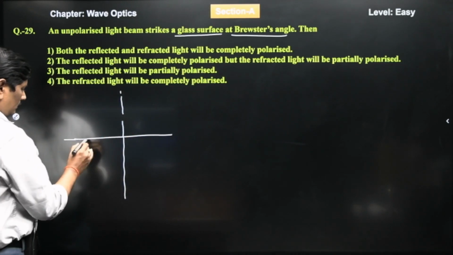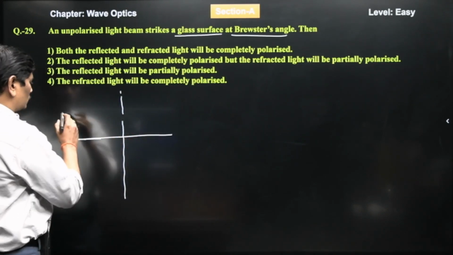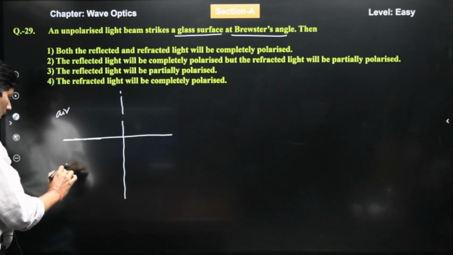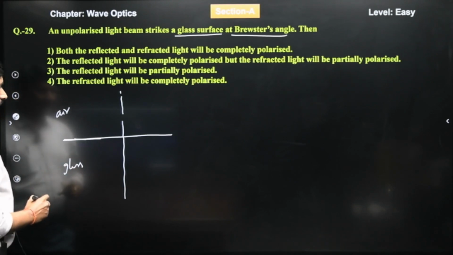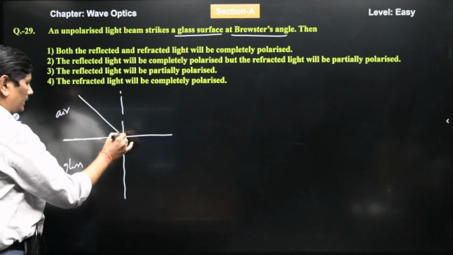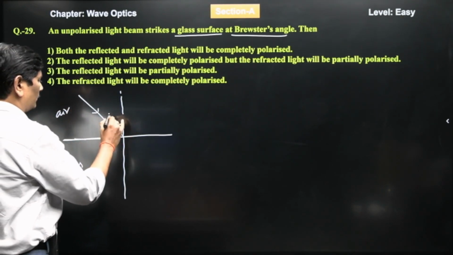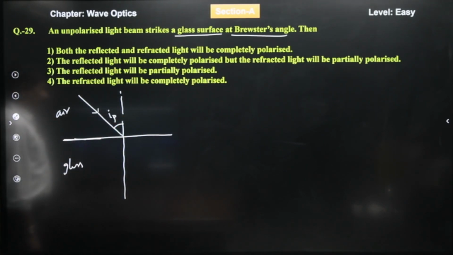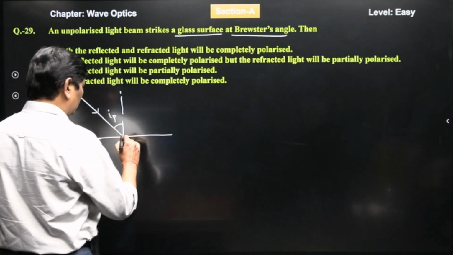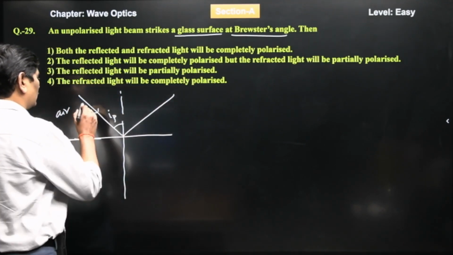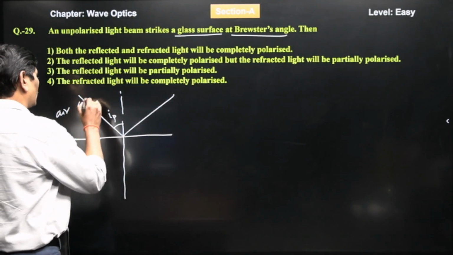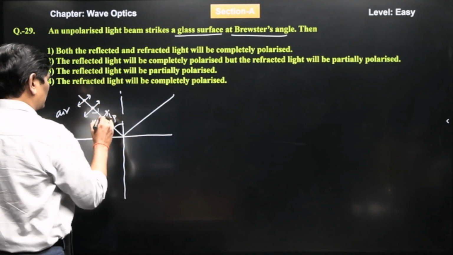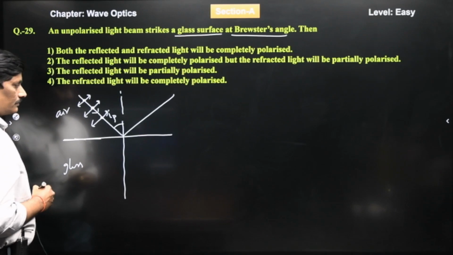See, this is the interface separating the two media, this side a rarer medium like air and this side a denser medium like glass. Now, the light ray is incident at a particular angle, IP, which we are taking as the polarizing angle. Incident light is unpolarized, and we can represent unpolarized light with dot and arrow vibrations.